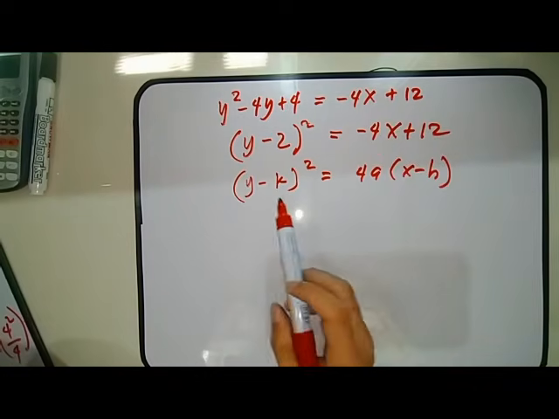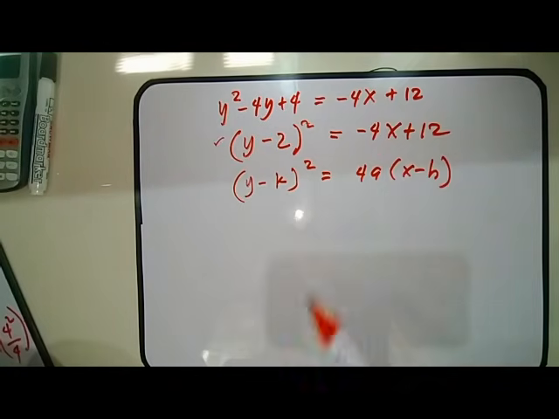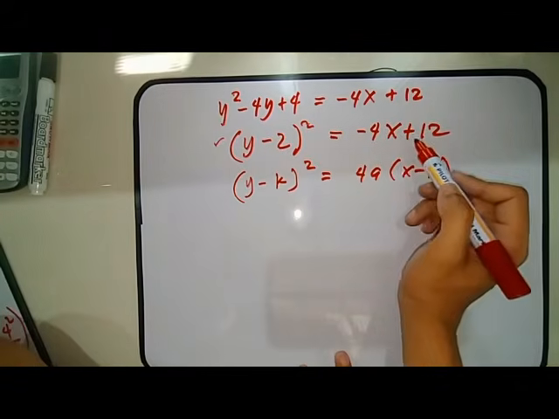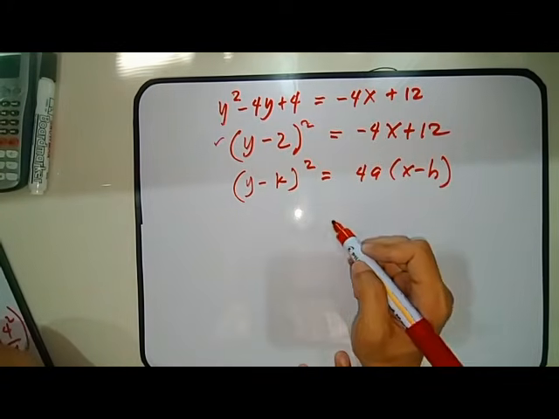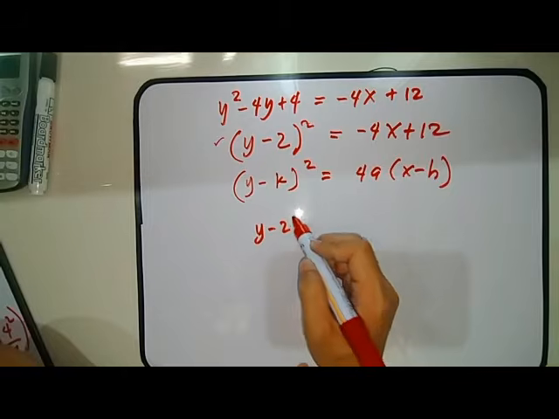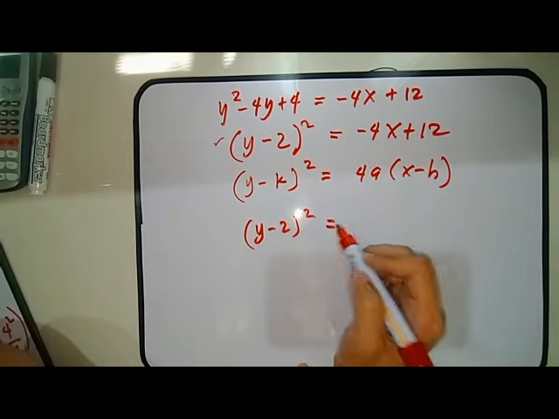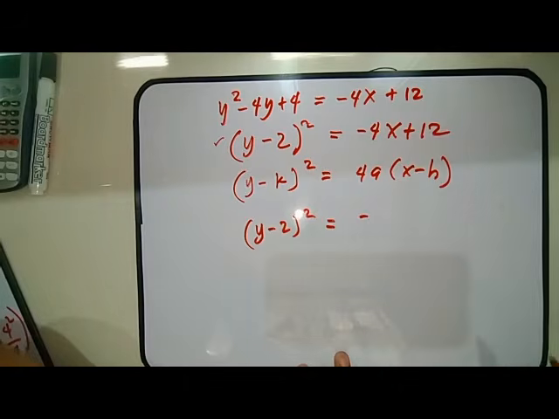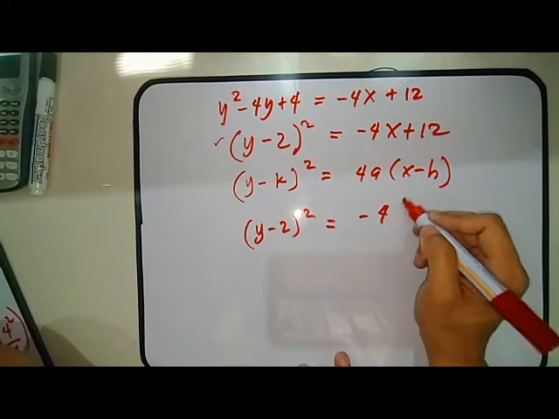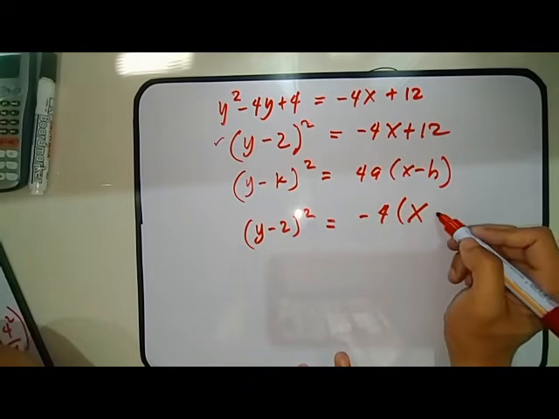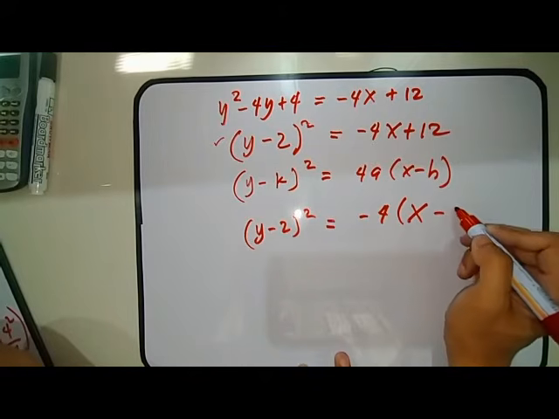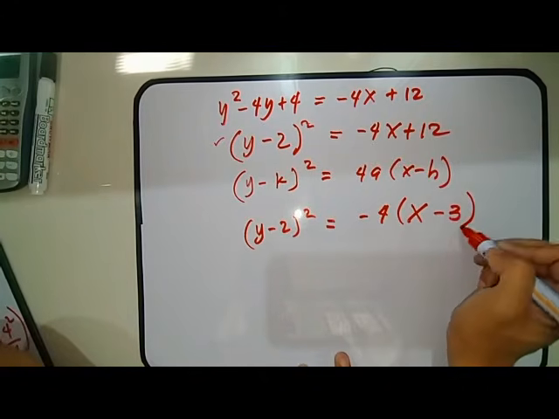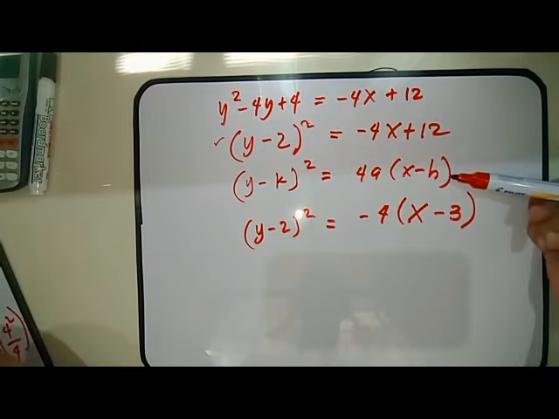So, ito, okay na siya. So, ito na lang, palitan natin yung form niya. So, dapat ito naka-minus. We have y minus 2 squared equals negative 4. I-factor out natin yung negative 4. You have x minus 3. So, yun na. Parehas na yung form niya.